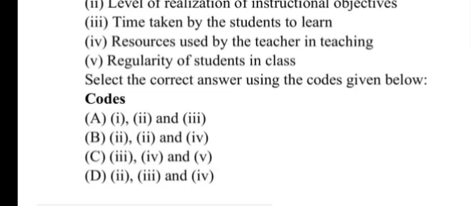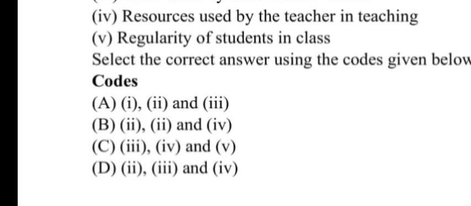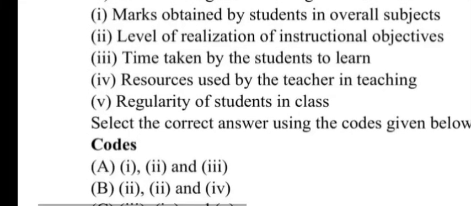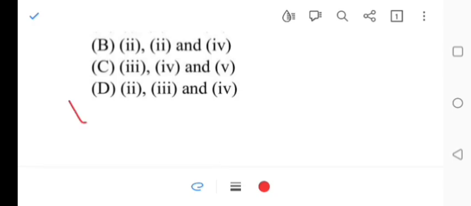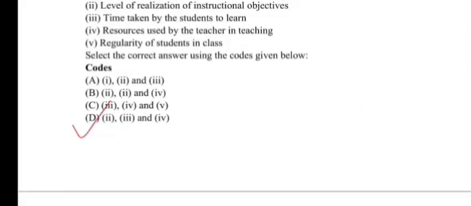These are the codes actually. Select the correct answer using the codes given below. ABCD: 1 2 3, 2 3 4, 3 4 5, 2 3 4. D will be 2 3 and 4. Okay, 2 3 and 4 will be correct.